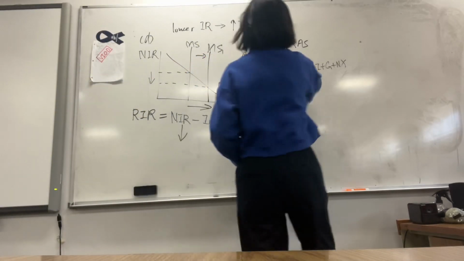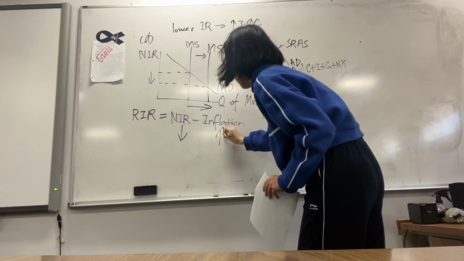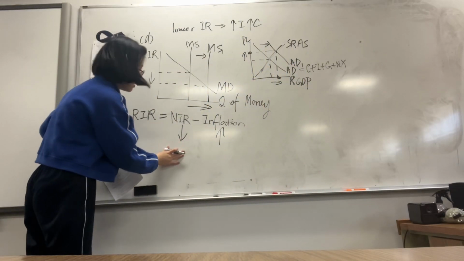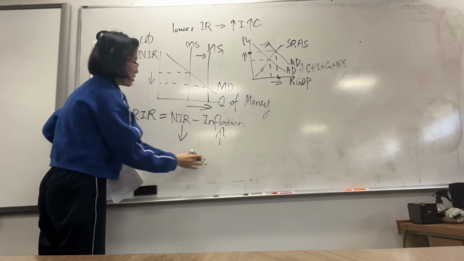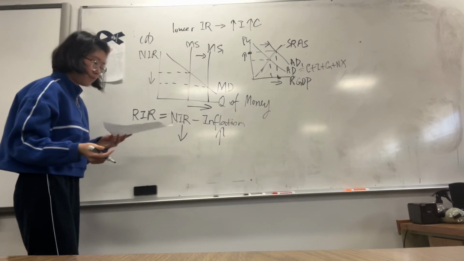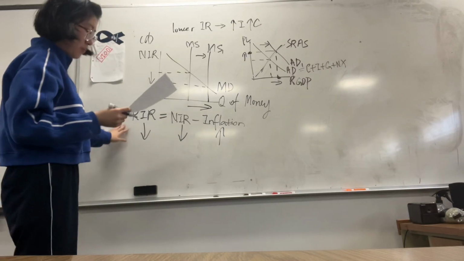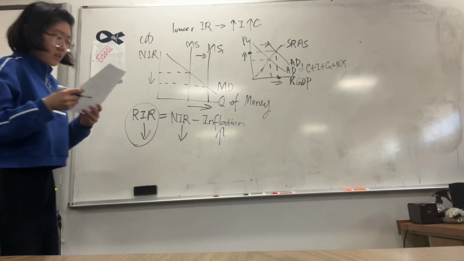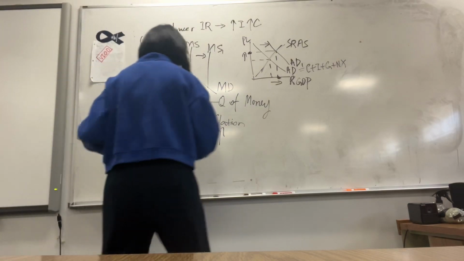And the price level is increasing, which means that inflation is increasing. Thinking about a little logic here, if you use a smaller number minus a higher number, the result must be decreasing. So the real interest rate compared to before has to be lower. Okay, so this is part D, and then last is part E.